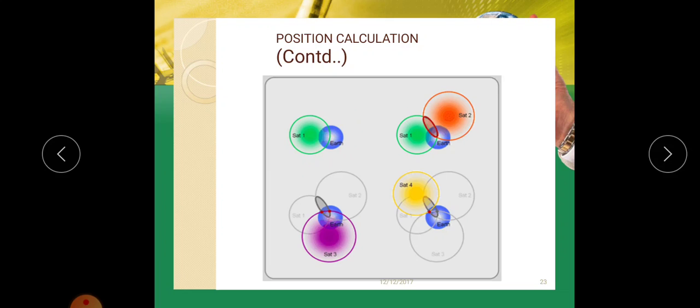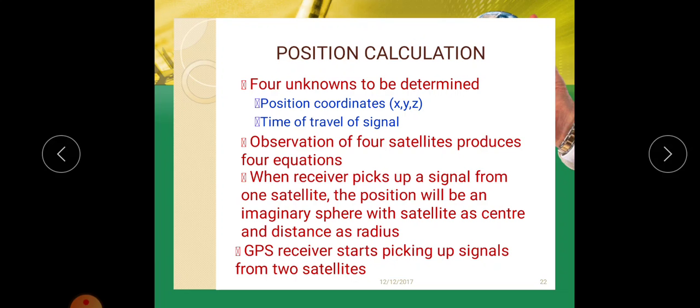Okay, so if this is the point on Earth's surface, the distance from this point to the satellite will be the radius of this circle. So you remember this figure, that is, the Earth's surface feature is viewed by only a single satellite.